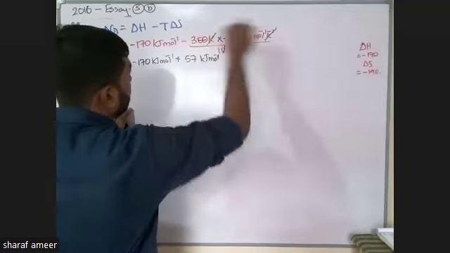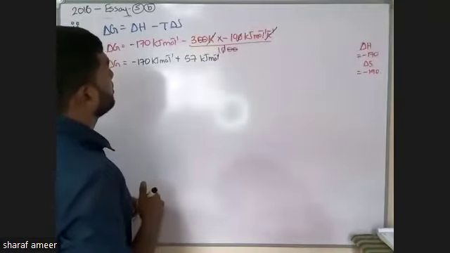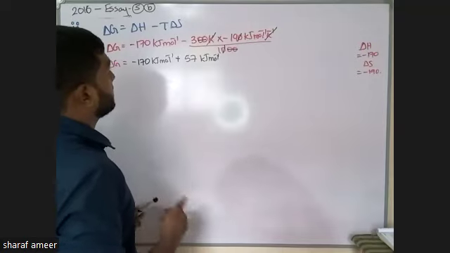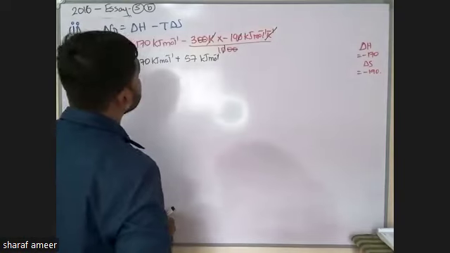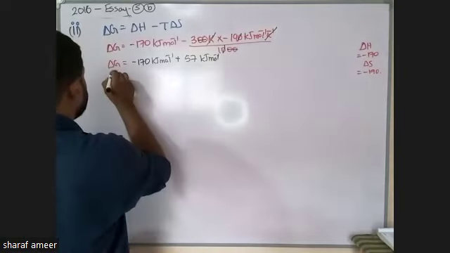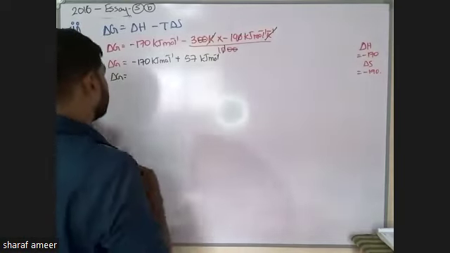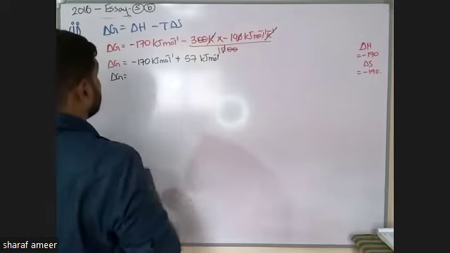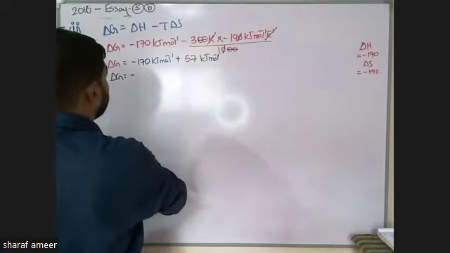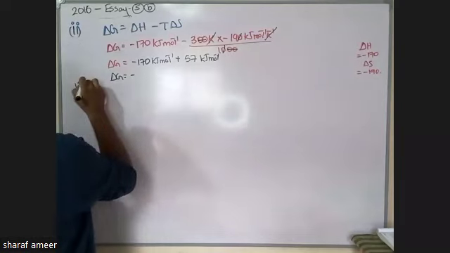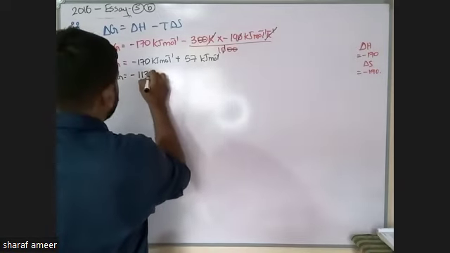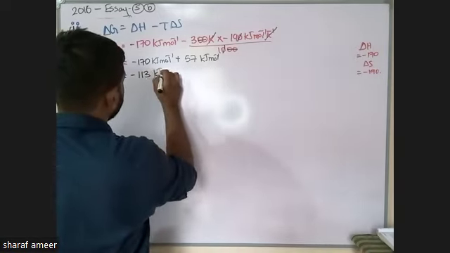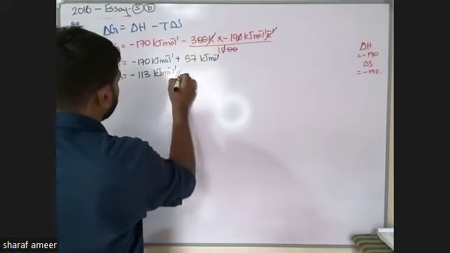Here Kelvin per Kelvin will be cancelled. So delta G is equal to minus 113 kilojoule mole minus 1.